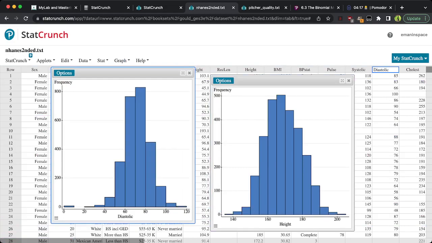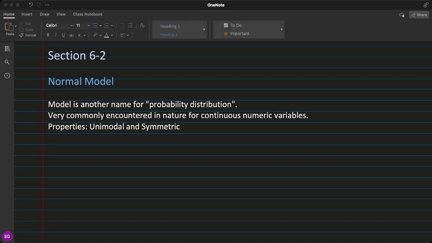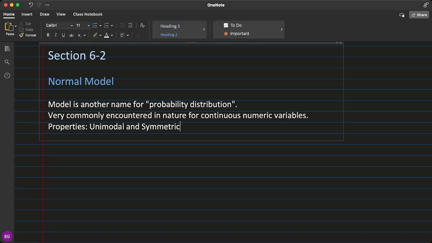Okay, so let's go back to the notes. Definitely unimodal and symmetric. Remember, when we're looking at distributions of numeric variables, there are several things we want to look at: the shape, whether there are outliers, the center, and the spread.